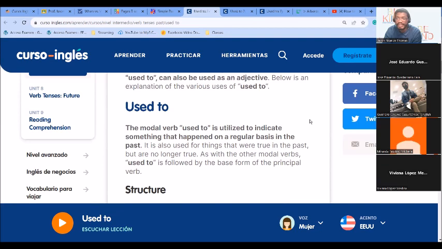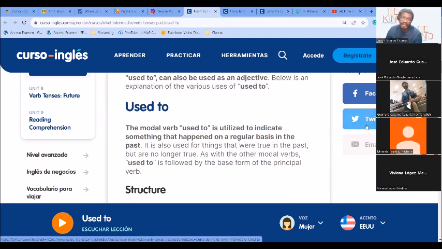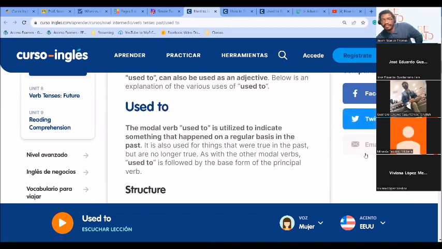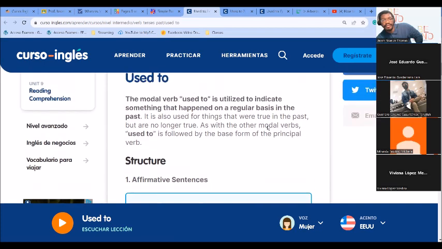I think everyone is in, so let me use my list over here. Let's start with you, Lalo. When do we use used to? Jose Eduardo? Yes, teacher. Go ahead. The modal verb used to is, ¿cómo se dice?